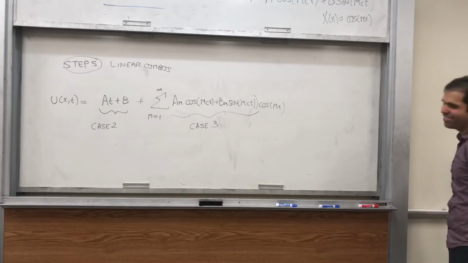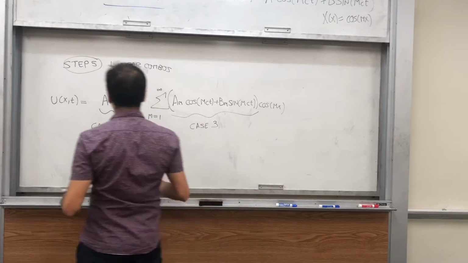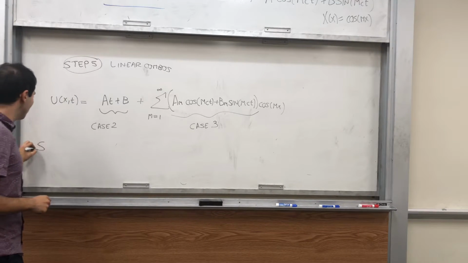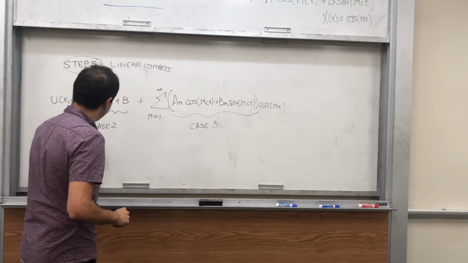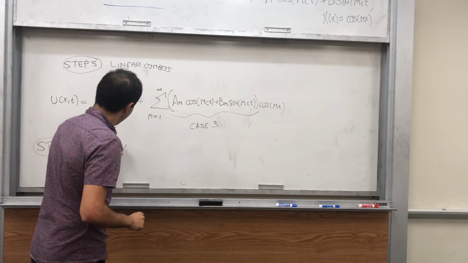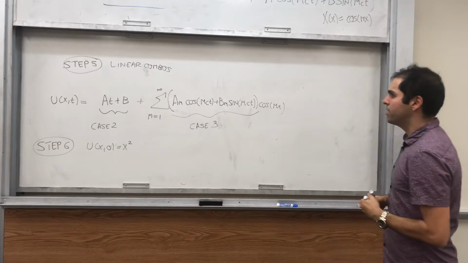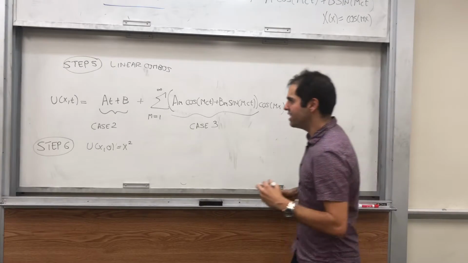And now, I know I'm getting tired too. We need to plug in the initial conditions. So I'd like to remind you, u(x,0) was x squared. So all we need to do is plug in t equals 0.